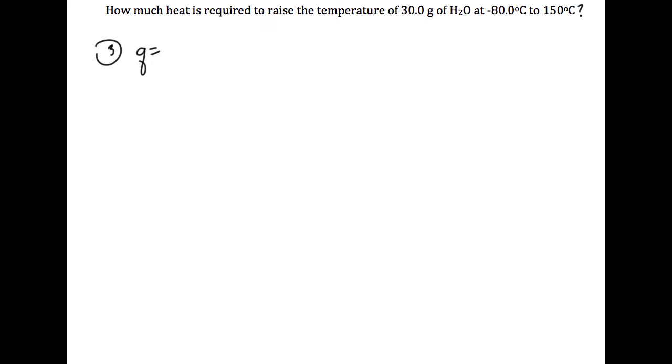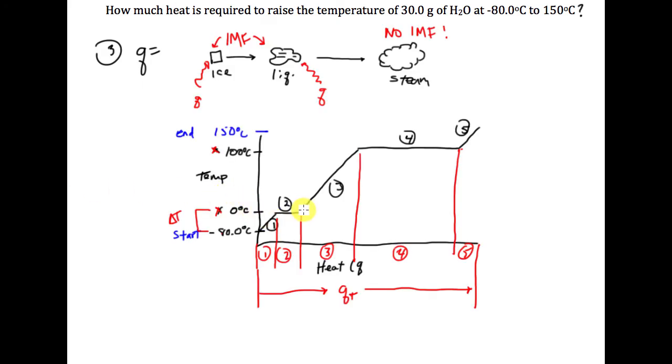Now remember, if there's a change in temperature, I'm going to use delta T, therefore Q equals MC delta T. So really what you're looking for is the change in temperature. If there's a change in temperature in this portion of the problem, you're going to use Q equals MC delta T. If it's flat and plateauing, you're going to use a change in enthalpy.